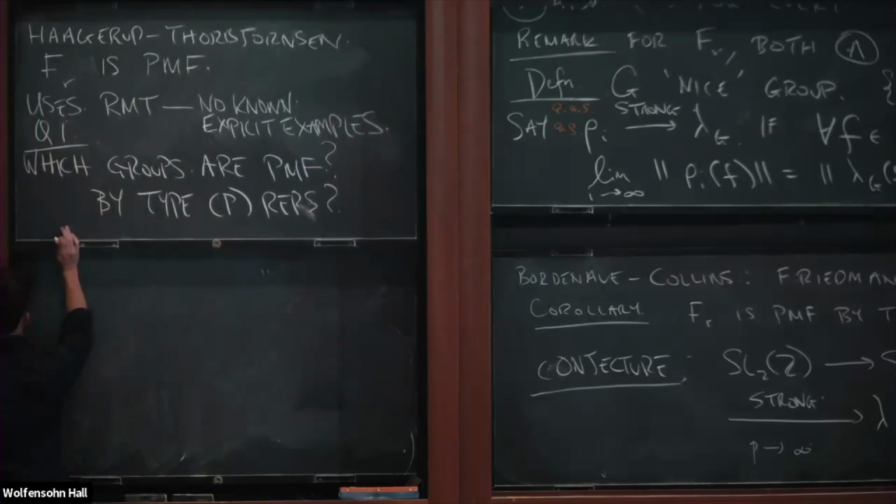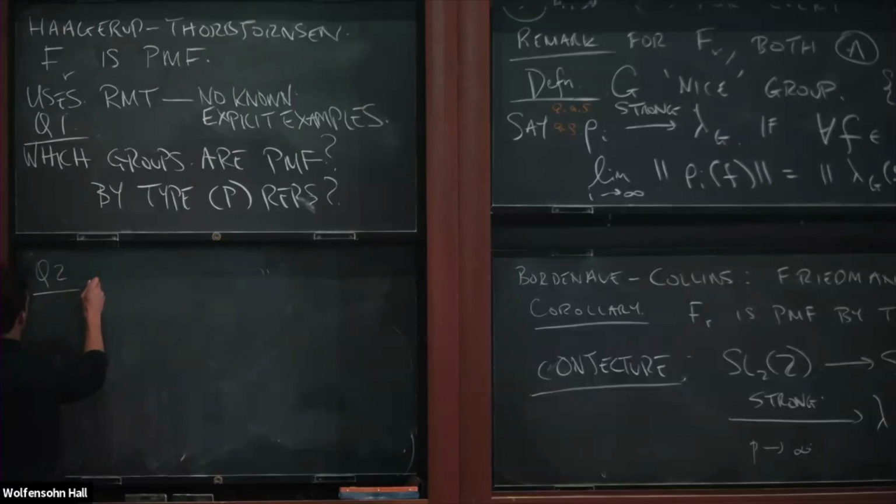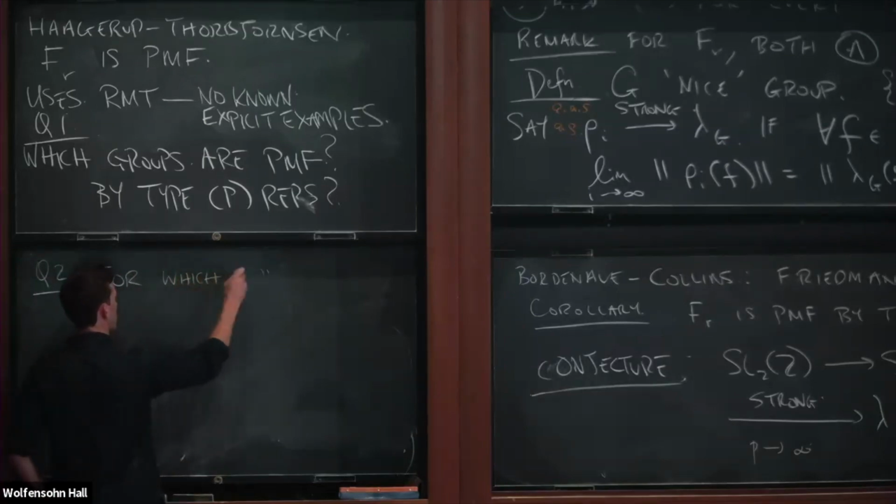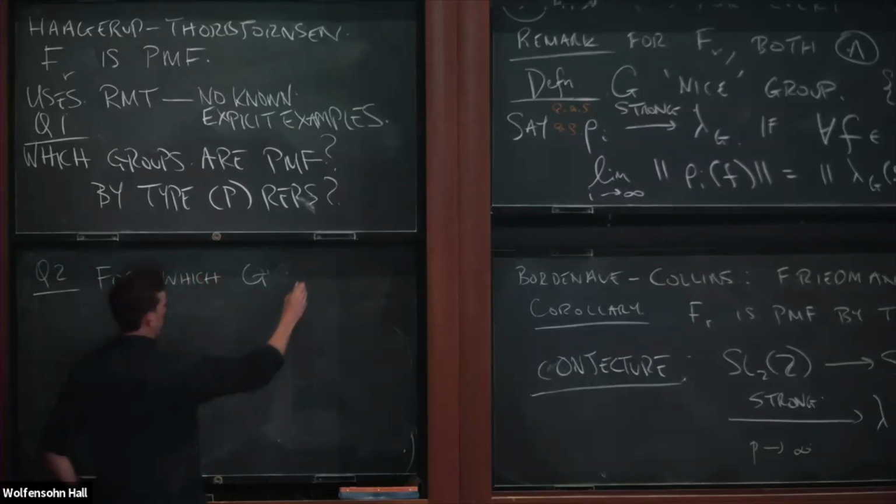This is question 2. Now I'm talking about, have in your mind SL3R, or SL2R, a real semisimple Lie group. For which G do there exist lattices?